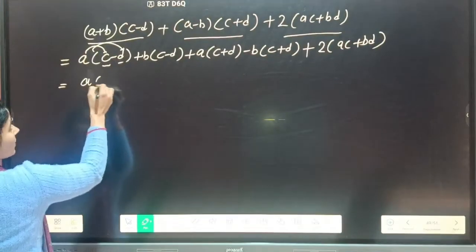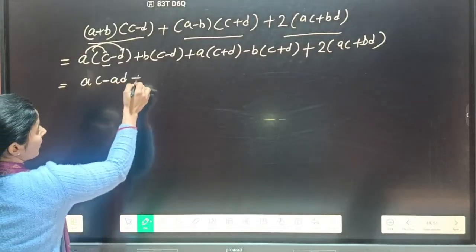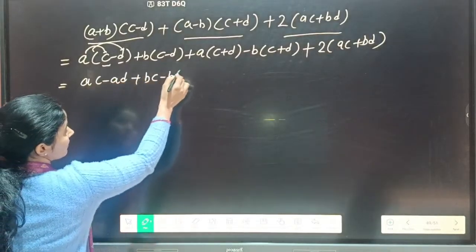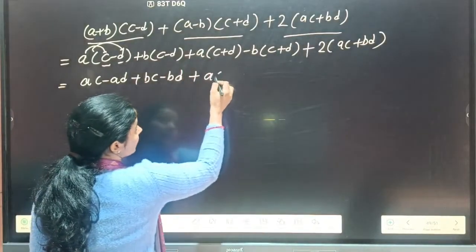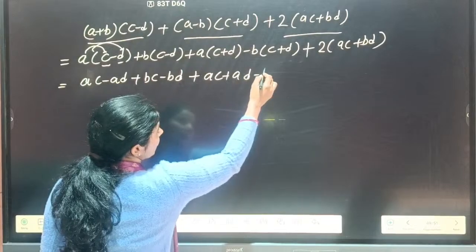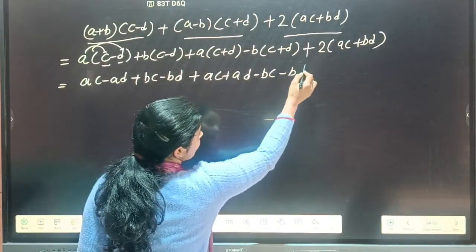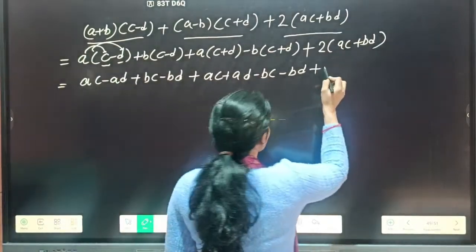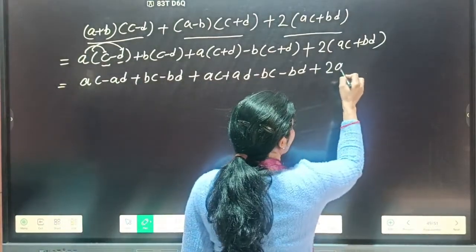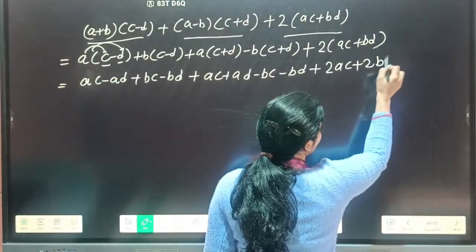It will be ac minus ad plus bc minus bd, plus a with c, ac plus ad minus bc minus bd, plus 2 times of ac plus 2 times of bd.